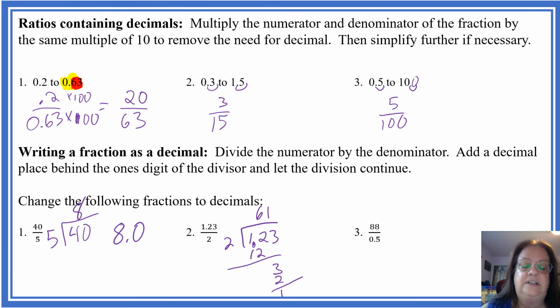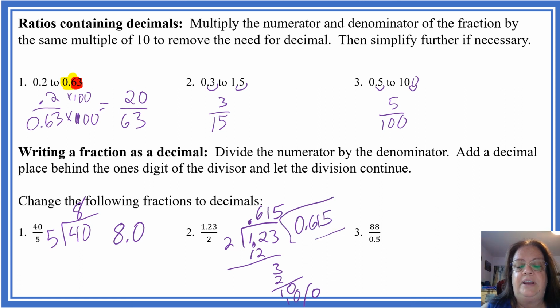Subtract, I get 1. Now I bring down a 0, I have 10. 2 goes into 10 5 times. Remember, my decimal place was right here. So 10, and that leaves me with a 0. So 0.615 would be my answer, the decimal version.